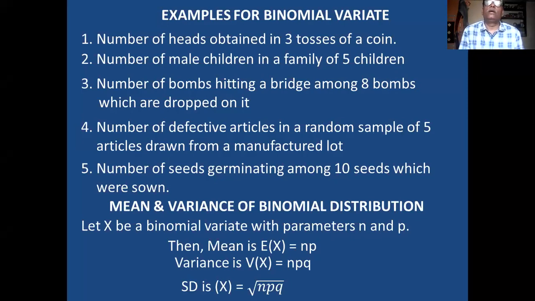So in the binomial variate, mean is equal to NP, variance is equal to NPQ, standard deviation is equal to the square root of variance, that is square root of NPQ. These 3 equations are important, remember them.